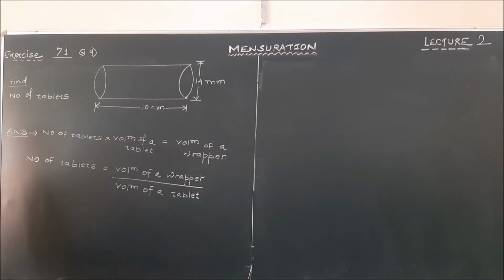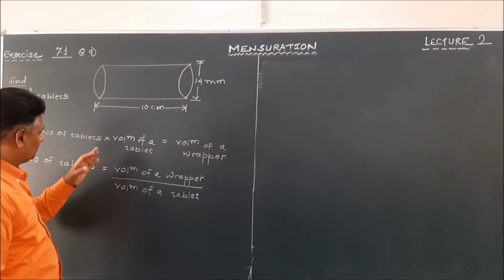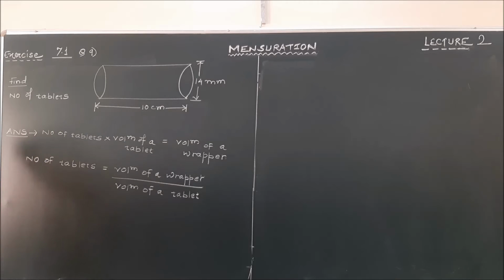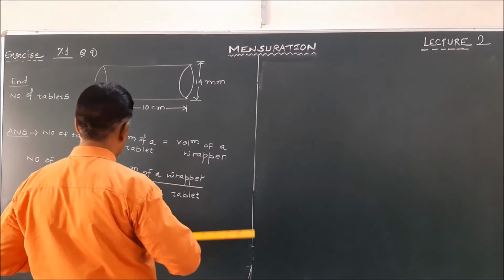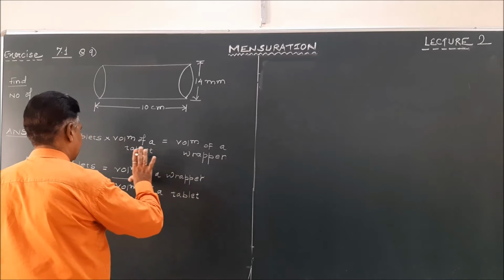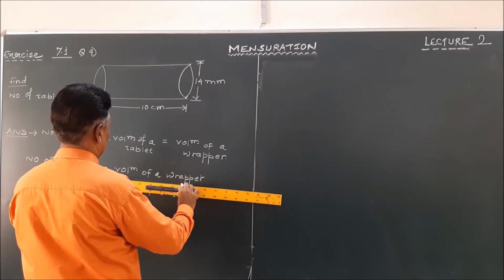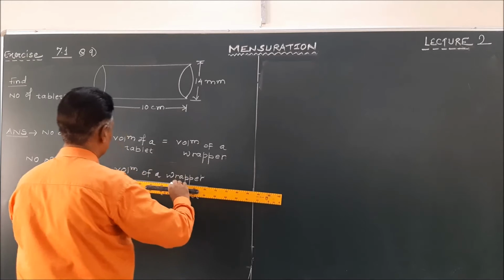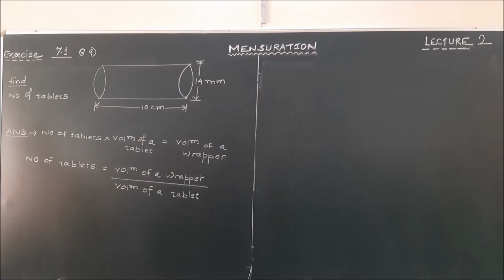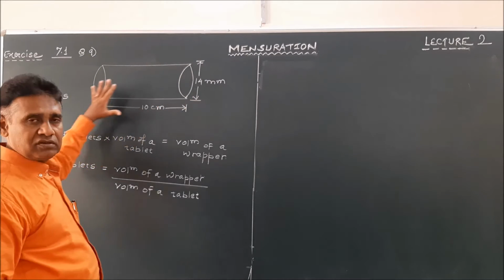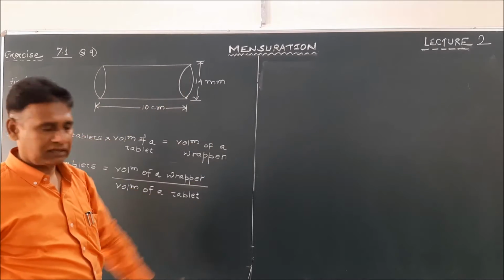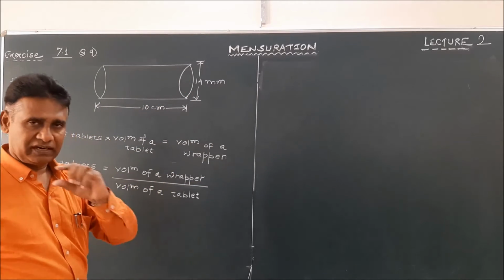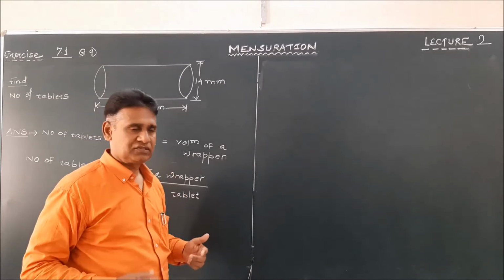Okay, try to understand what I have done over here. I transferred the volume of a tablet over here, so the number of tablets you can get as the volume of a wrapper upon the volume of a tablet. Now the wrapper is in the form of a cylinder. The tablet is also in the form of a cylinder, as I have been telling you for the last 2-3 minutes.